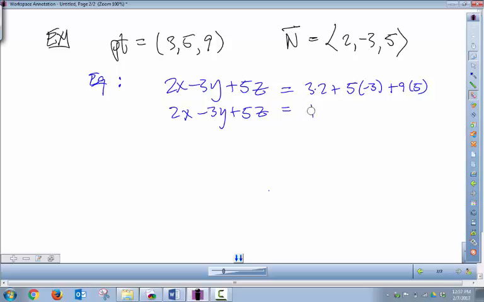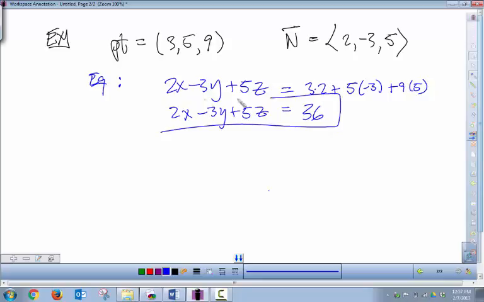Oh, minus 15. I got minus 30 in my head. 5 times 3 isn't 30. 36, you said? Agree? All right. As long as we all agree. Doesn't matter if it's wrong. Except on the test, it does matter if it's wrong.